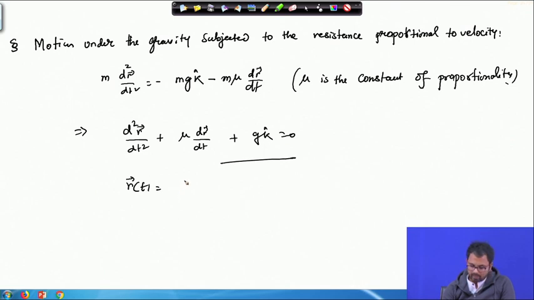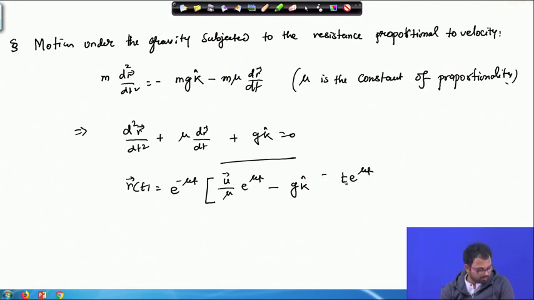Here we will obtain r is equal to, but I would ask you to derive this: e to the power minus mu t, 2 u, where u is the initial velocity, divided by mu, e to the power mu t, minus g k times t times e to the power mu t divided by mu, minus, so this is basically t e to the power mu t divided by mu minus e to the power mu t divided by mu square, plus c.